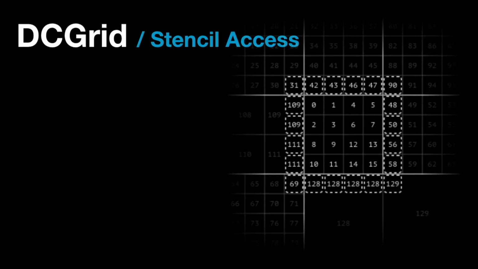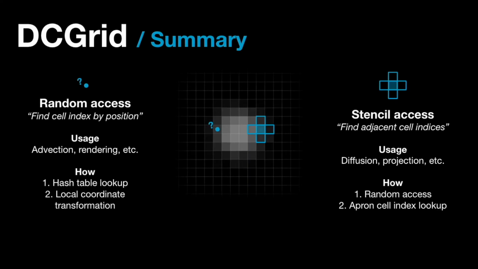We also pre-compute the indices of the cells directly adjacent to each block in a structure called apron cell indices. This apron of cell indices uses lower resolution cells when the higher resolution cells are not available. So, in summary, to perform random access in DCGrid, we perform a hash table lookup to find the location of the block in memory.